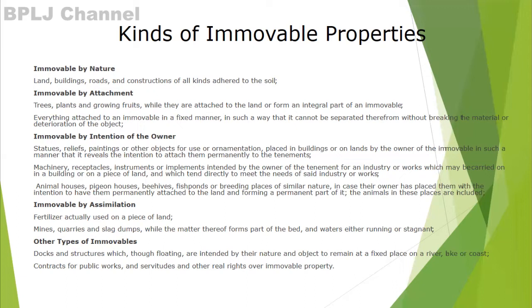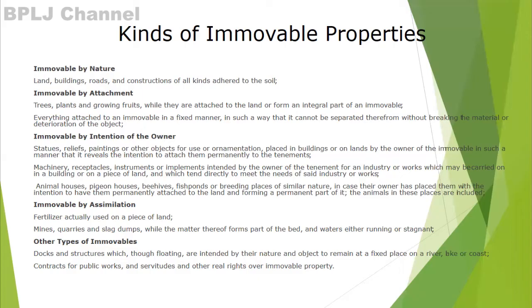Another is machinery, receptacles, instruments, or implements intended by the owner of the tenement for an industry or works which may be carried on in a building or on a piece of land and which tend directly to meet the needs of the said industry or works.